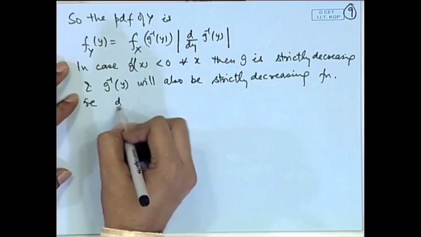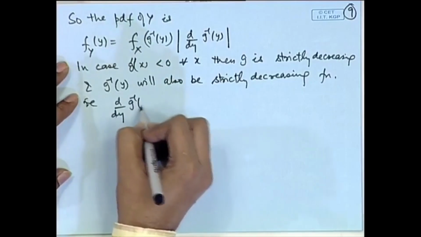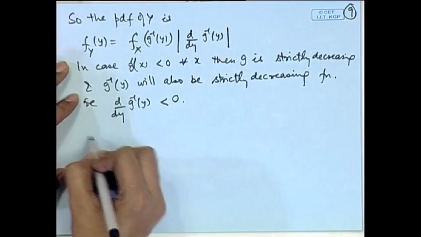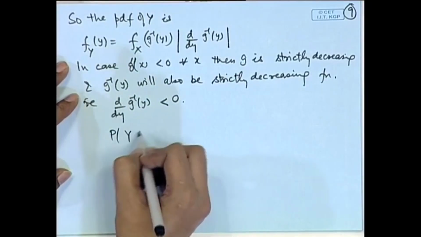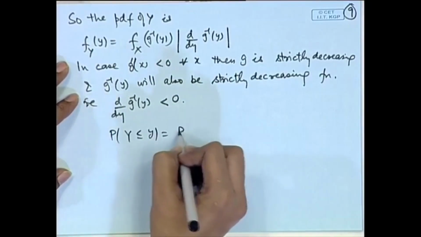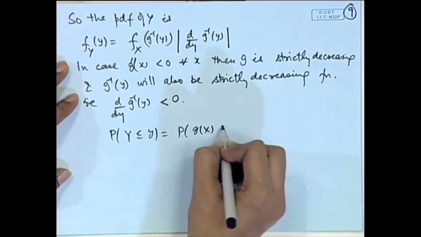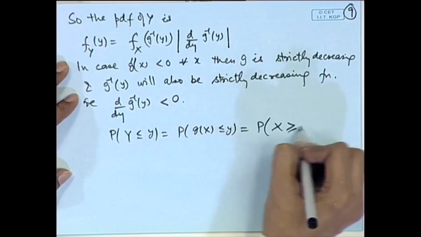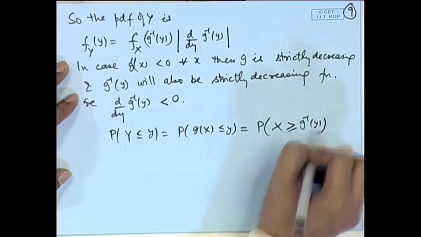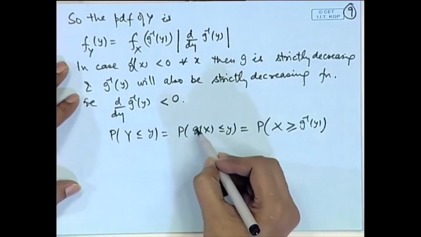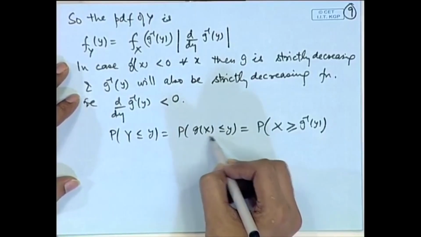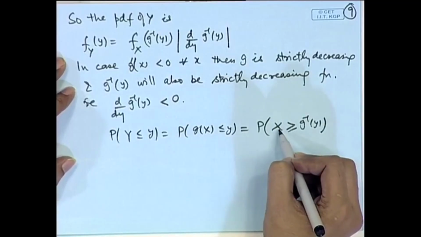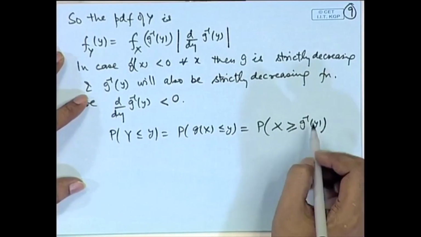That is, d/dy of g inverse(y) will be less than 0. So, when we consider the probability of Y less than or equal to y, this will be equivalent to X greater than or equal to g inverse(y). Since g is a decreasing function, here the event g(X) less than or equal to y will be equivalent to X greater than or equal to g inverse(y).